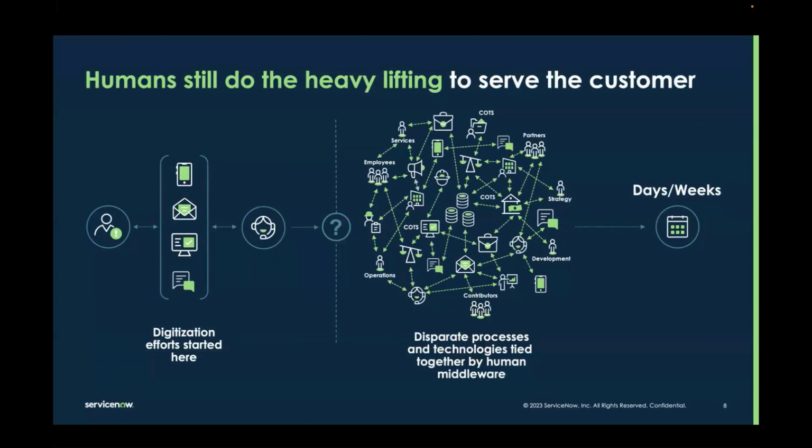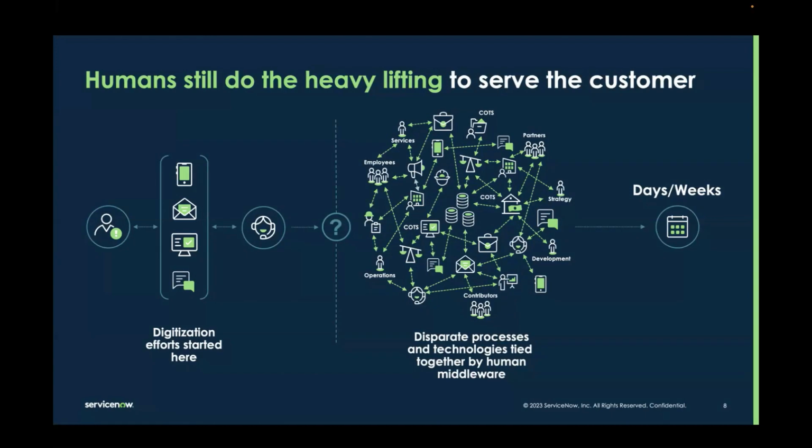The issue with delivering that consumer grade experience is that humans are still doing the heavy lifting to serve the customer. So while oftentimes that initial interaction between the constituent and the agent is digital, when it comes for the agent to route the request internally to the appropriate place, that's where a lot of the manual processes start to emerge.